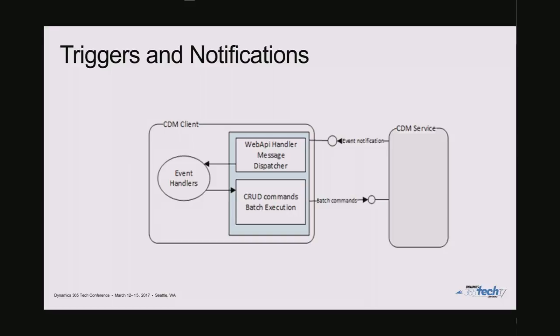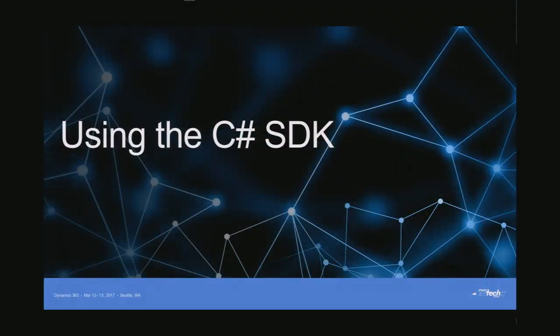What you would do is wire up event handlers for all the tables you're interested in, and then do simple calls via these notifications into your other system. In fact, that was the scenario that we showed before with the sync, right? So this is a very useful thing. We'll have it working soon, we hope. So keep your eyes peeled for that.